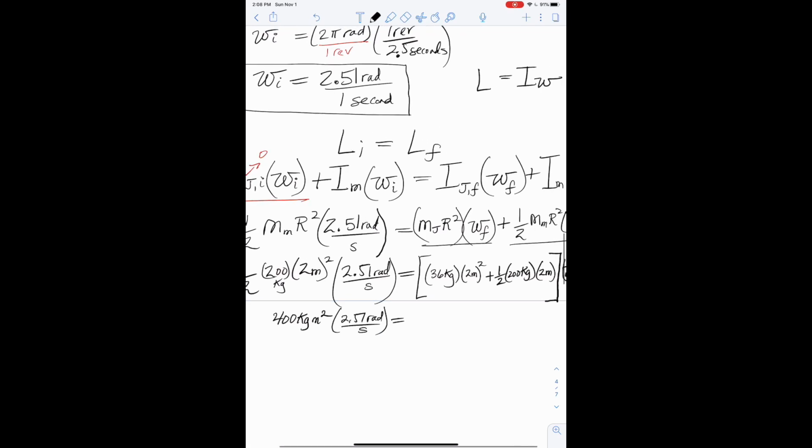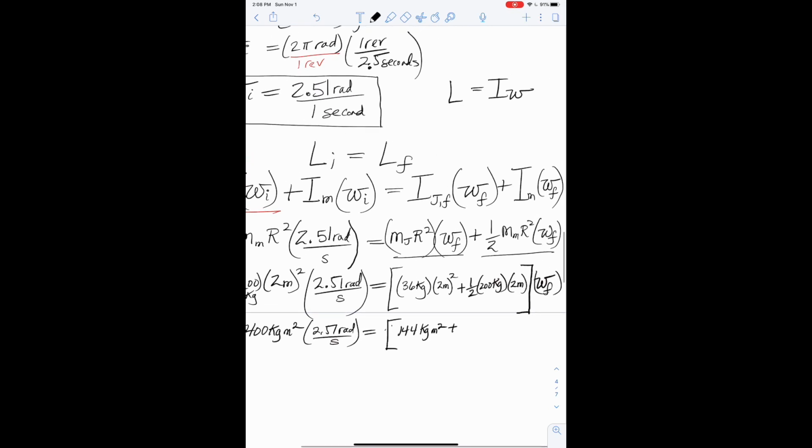On the right side, we're going to end up getting, let's see here, keep this bracket, 144 plus, what would that be? I forgot my square. You can't forget to square a radius there. So anyways, we're going to get half of 200, which is 100 times 4, so 400.